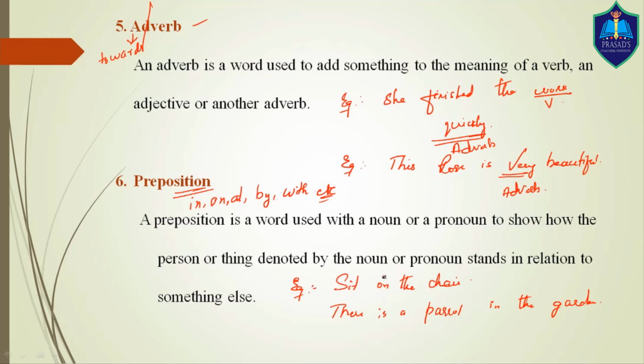So here on is the preposition, and in this example in is the preposition. Here in is used along with the parrot to relate it to something else. To relate to what? To relate that it is in the garden. Sit on the chair. Here on is the preposition which is used along with sit to relate to something else. So this is the meaning of the word preposition.